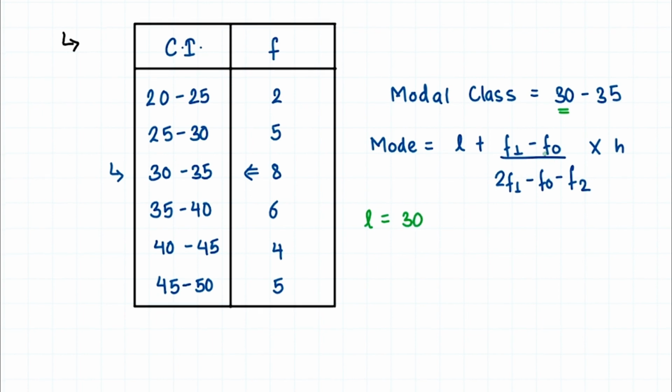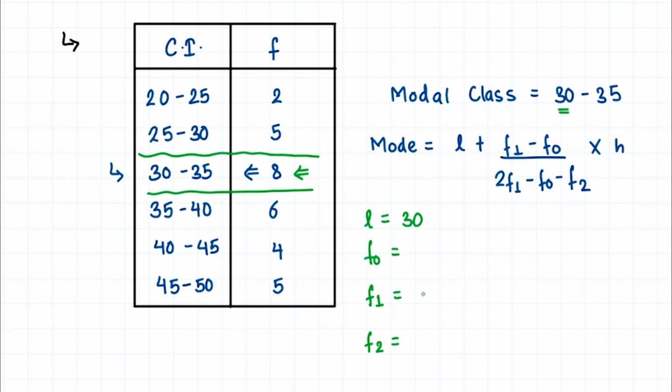And then here we have our F1, F0, and F2, right? So let's write that down serially. So we have F0, and then we have F1, and then we have F2, right? So this F1, okay, is the frequency of our modal class, okay, which is our 30 to 35, right? So our F1 is this particular frequency, okay?